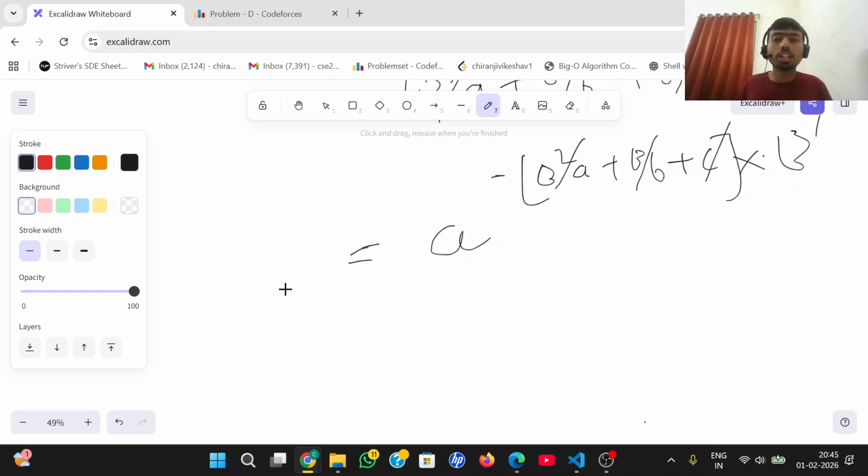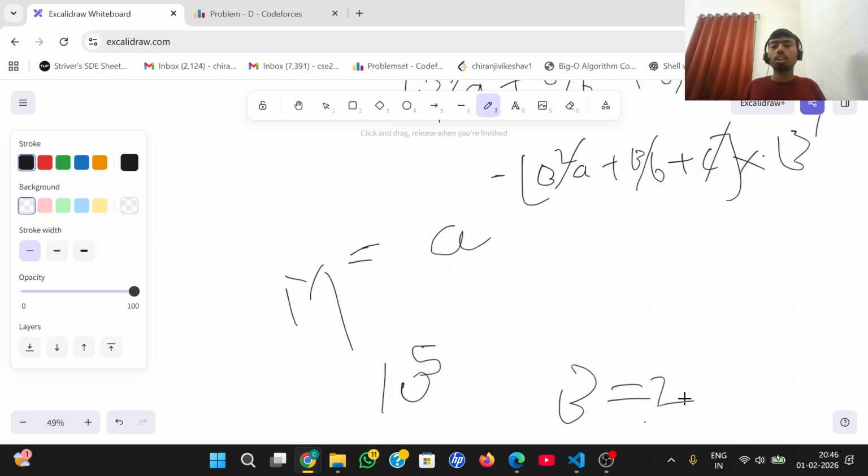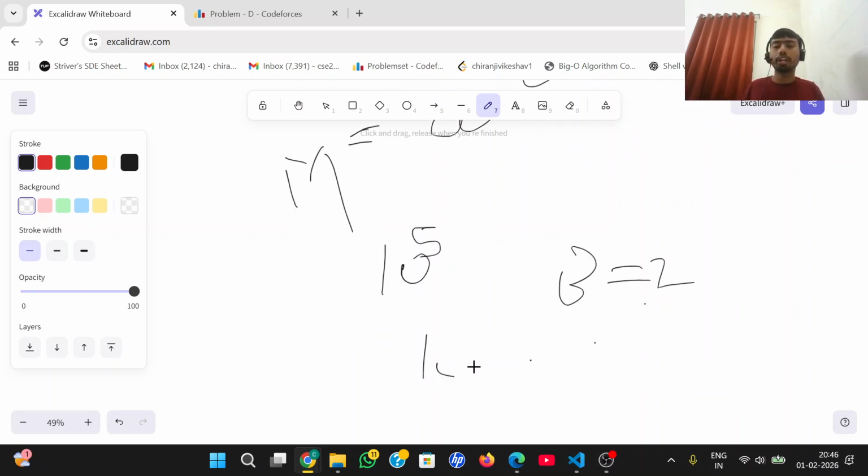Another thing that comes here is the modulus operation. Why does modulus m come here? I will tell you. In general, a string of length 10 to the power 5 is given in the problems. So even if you take b equal to 2, then 2 to the power 10 to the power 5 is going to be a very large number, and you can't store it in a long data type.